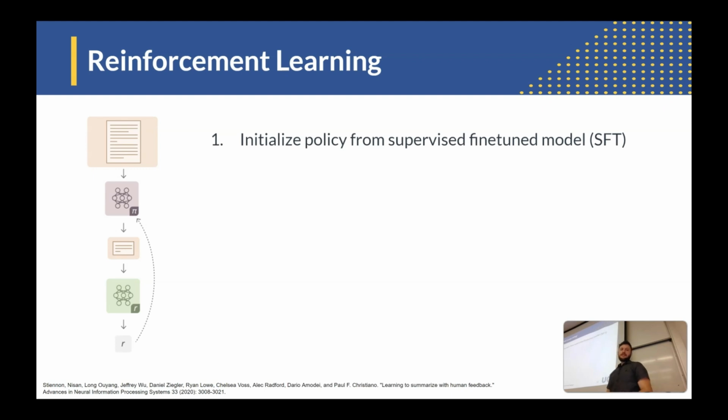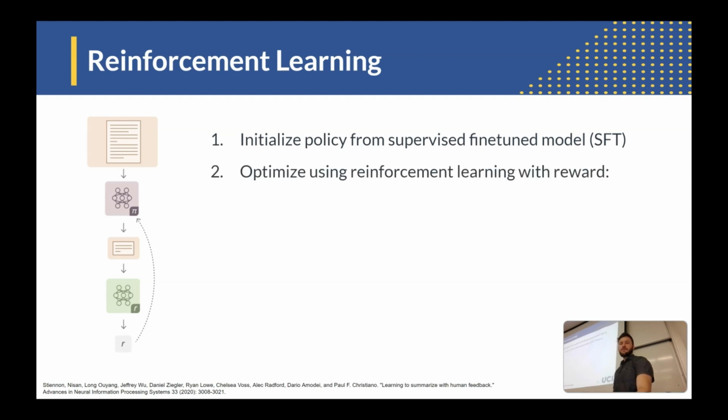The actual reinforcement learning itself, I won't dive too much into the RL, but there is a key component that I haven't mentioned yet to make this all work. So again, we're initializing our policy from the supervised fine-tuned model. We're optimizing with the reward, using reinforcement learning, an actor-critic method, maybe PPO, some kind of policy gradient usually.